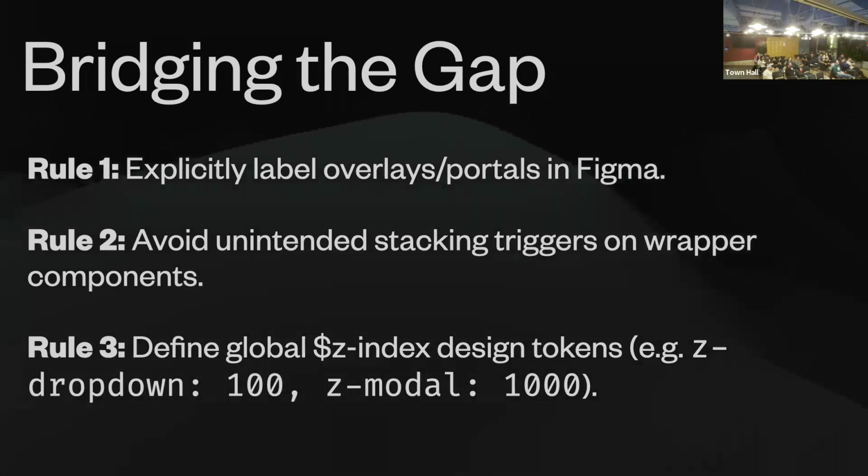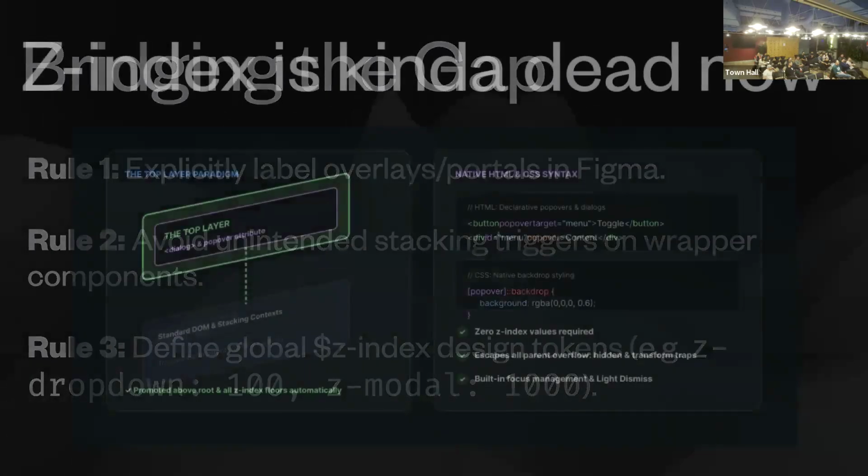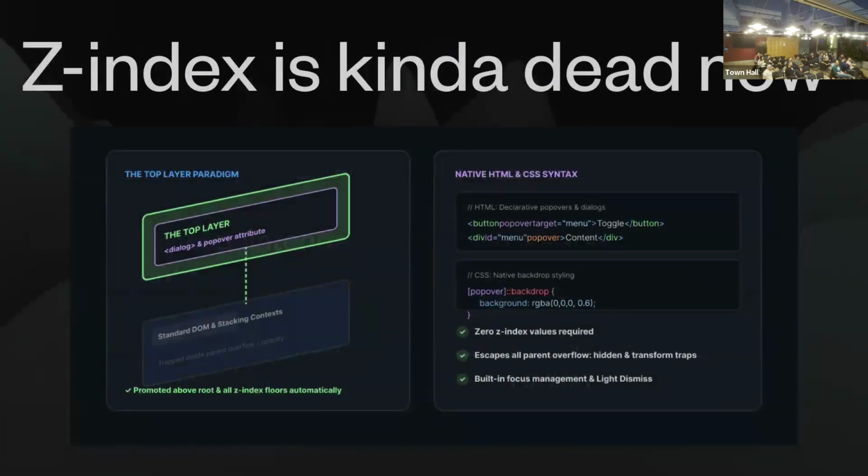I know the next slide is going to be a bit controversial because I showed it to Zach and we had a brief discussion saying, oh, it's not, but it is. Well, Z-index is kind of old now. It's kind of dead. People use a lot of native top layer API stuff. They use a lot of popover attributes and stuff like that.